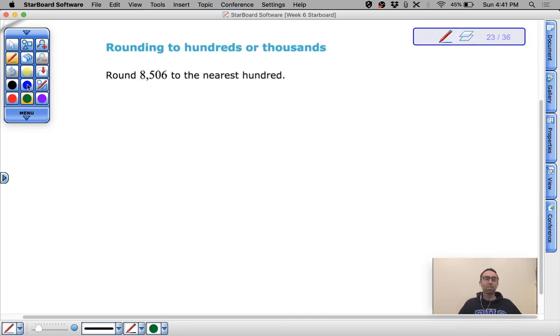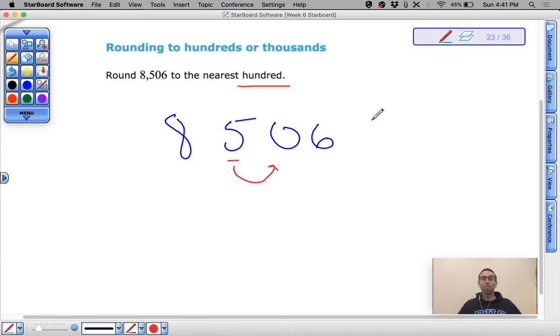Rounding 8,506 to the nearest hundred. I'm looking at the digit in the hundreds place. In that case, that is going to be a 5. That is not the number that decides if it goes up or stays the same. It is the digit to the right. 0 falls into the first category of 0 to 4, and then 5 to 9. 5 to 9, it would go up. 0 to 4 stays exactly the same.